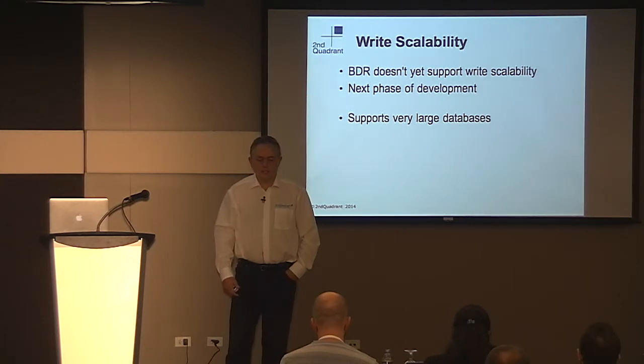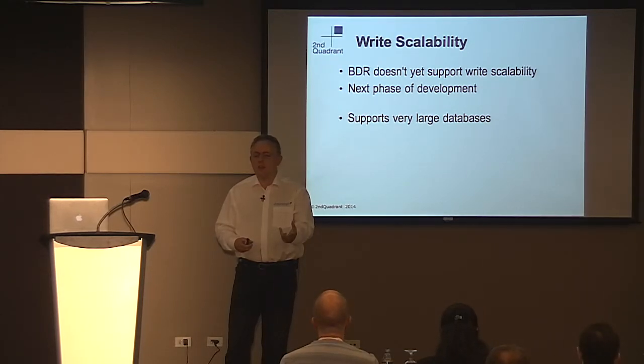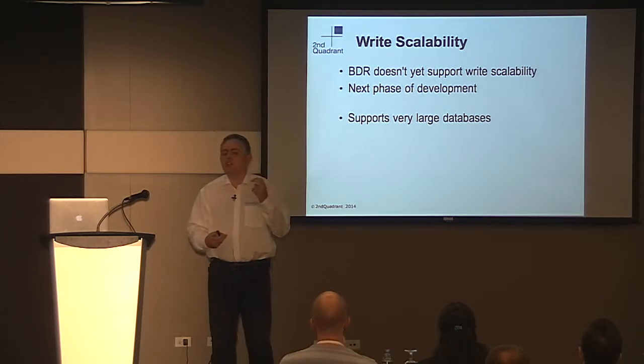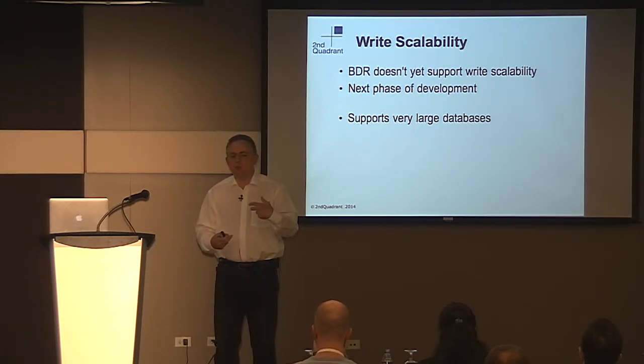What I'm saying is that if you've got one node and you can do 100,000 transactions a second on that one node, and you have two nodes in a BDR cluster and you attempt to do 100,000 transactions on each node, then what you will generate is a massive traffic between the nodes. Each node has to cope with its 100,000 and the other guy's 100,000.